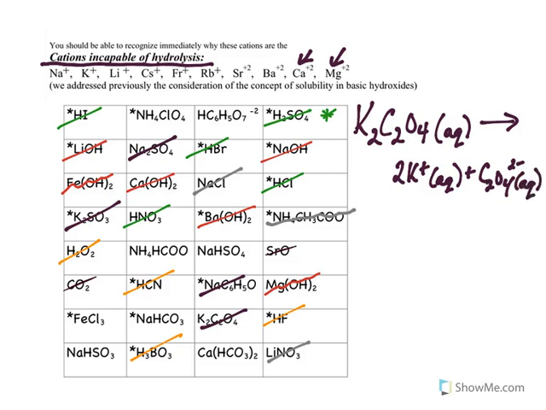So if we have 0.5 molar of that salt dissolved in solution, we will have twice as much potassium in that solution because of the stoichiometry in that equation. But we will have 0.5 molar of the oxalate in that solution. I know from my list that the potassium will stay dissolved and will act as a spectator ion, but that the oxalate can continue on and hydrolyze in solution.